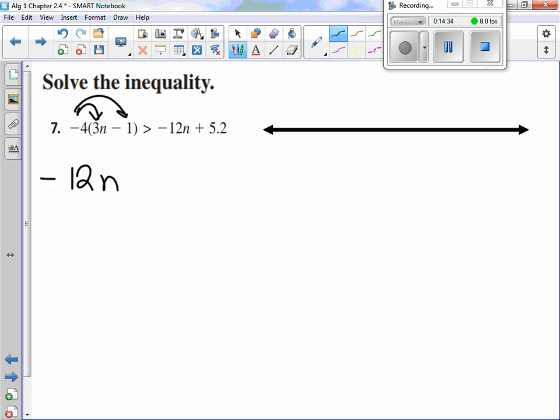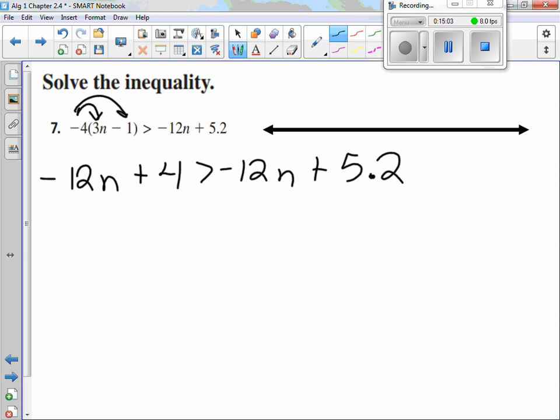Negative 4 times negative 1, a negative and a negative would make a positive, so we'd have plus 4. Negative 12n plus 4 is greater than negative 12n plus 5.2. So now we want to get the variables on the same side, yes?